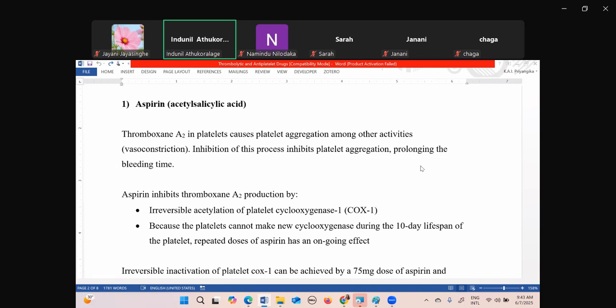So can you now explain a little bit of what I have explained? What is the mechanism of action of aspirin with relation to the antiplatelet activity? Can you explain now?